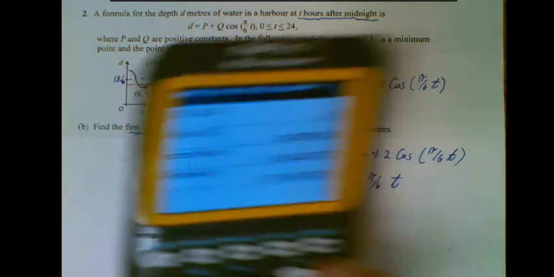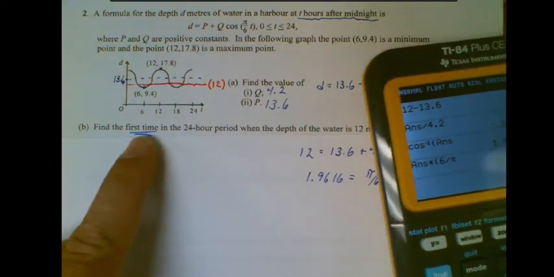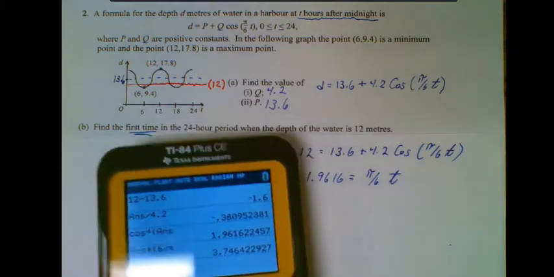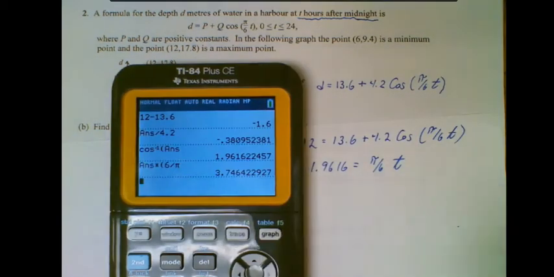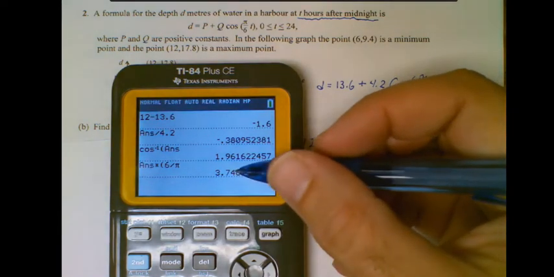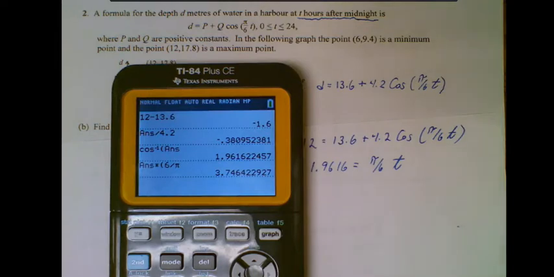One thing that really matters on this is it wants it in time. And so right now I have 3 hours and 0.746 minutes. But if I wanted to do that in terms of time, then I need to convert my decimal into minutes. And so obviously there's 60 minutes in an hour. So if I were to multiply my decimal times 60, then I can convert that into minutes.